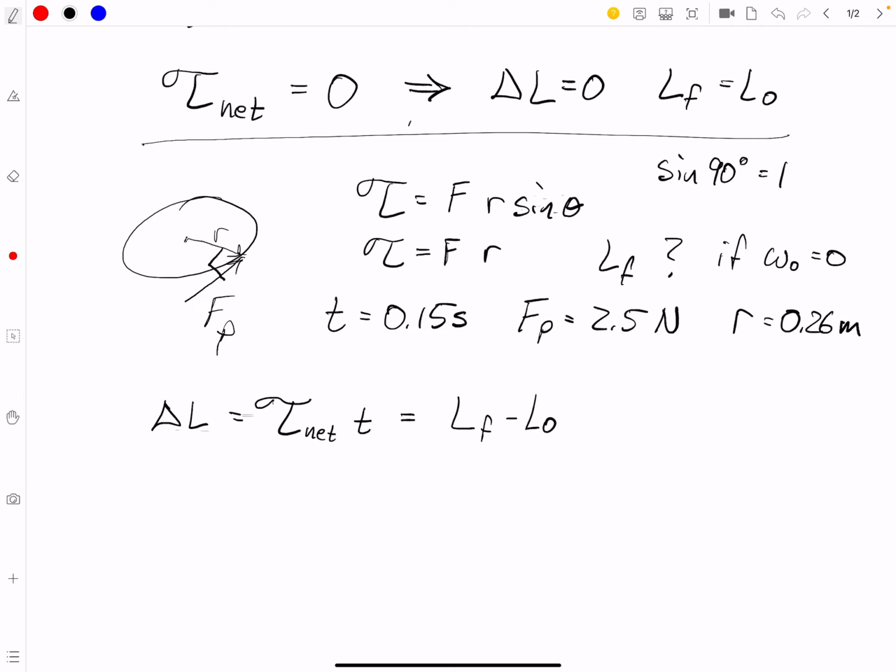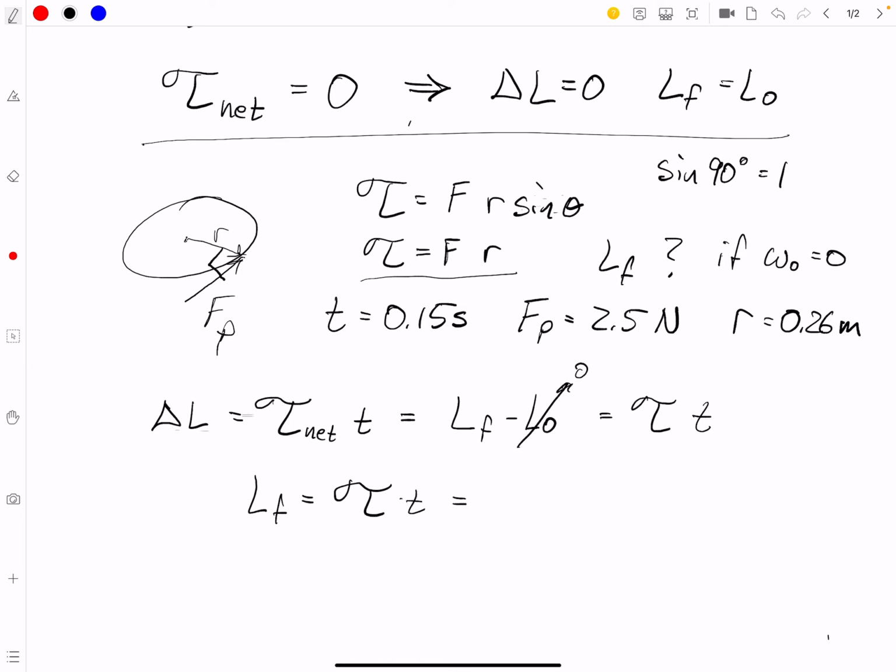And L final minus L initial, since this is equal to 0, that gives us our torque net times time. Well, we already know that the torque is equal to this, so L final is equal to our torque times the time.